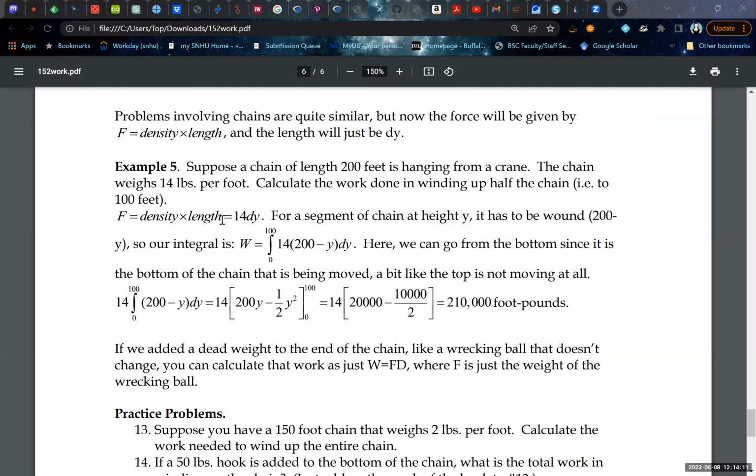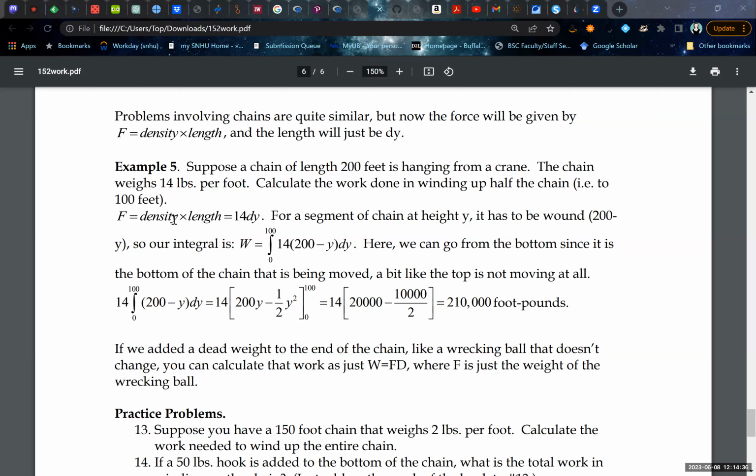Now, the way that we have to figure out the force for this problem is that the force is the density of the chain times the length. But again, the length that the piece of the chain is moving is not constant. So what we have to figure out is, what is the force per unit length, essentially.